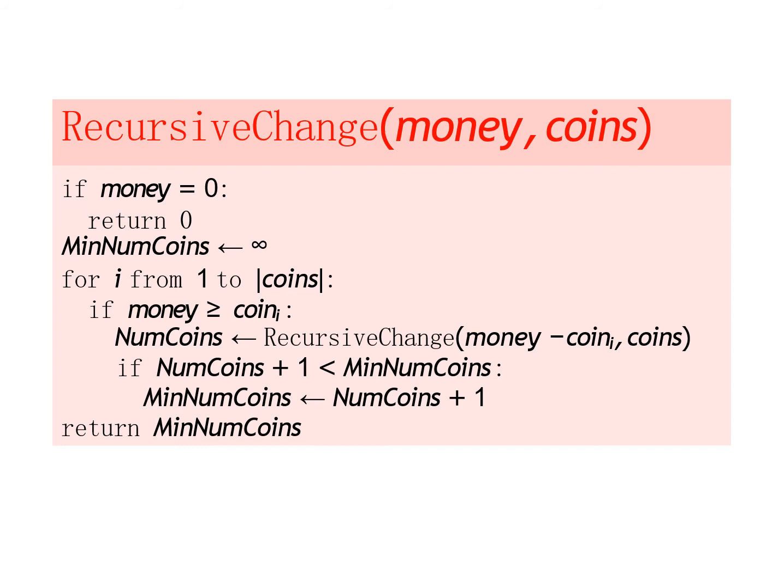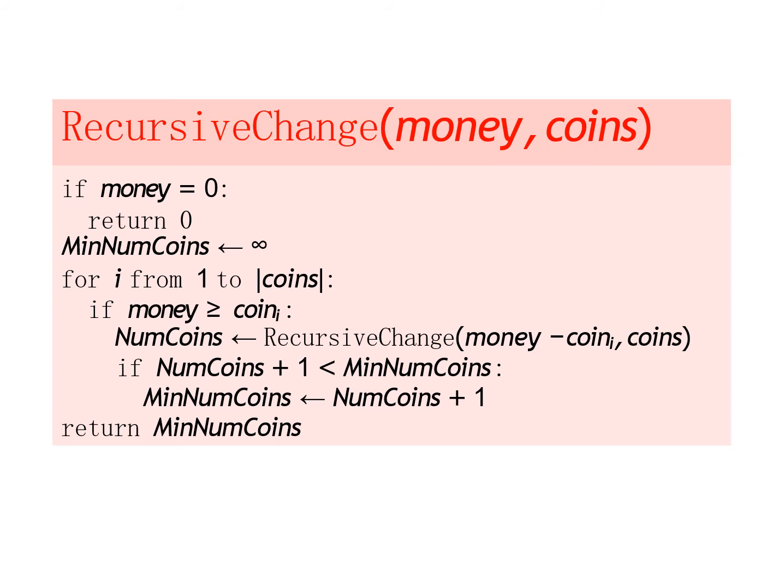We first recursively call RecursiveChange with the amounts money minus coin 1, money minus coin 2, ..., money minus coin D, and thus find the minimum number of coins for these D choices. We add plus 1 coin, since there is one more coin to add, and return the result this way.